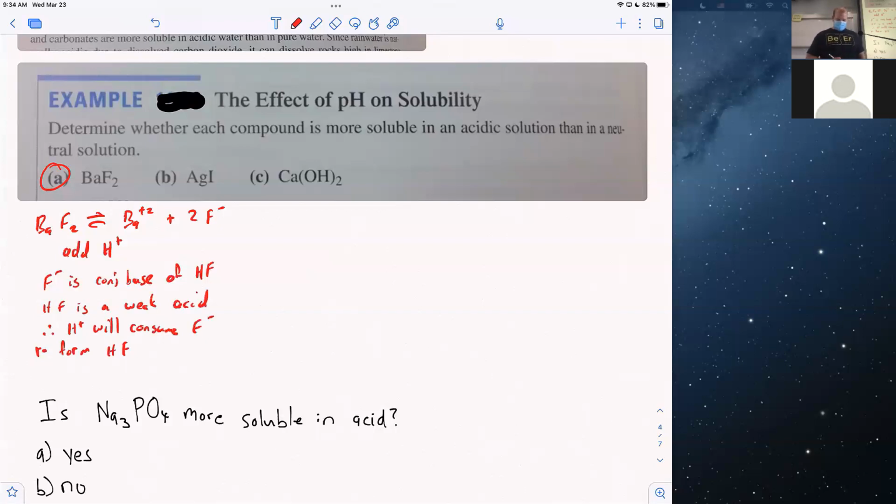So if it's consuming F minus to form HF, therefore, acid will increase BaF2 solubility.